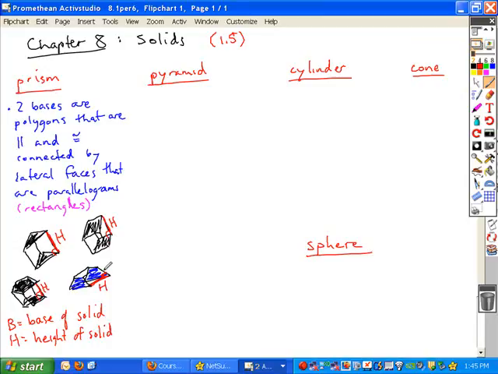Okay, when we look at a pyramid, it will differ slightly. How many bases will a pyramid have? One base. And that is also a polygon.